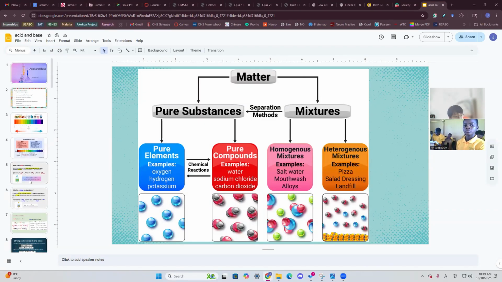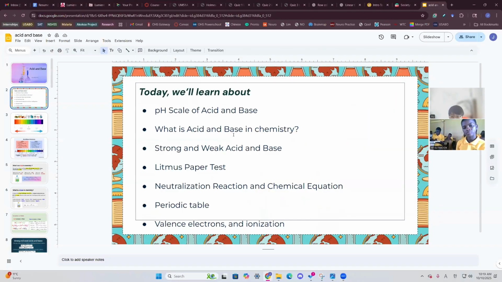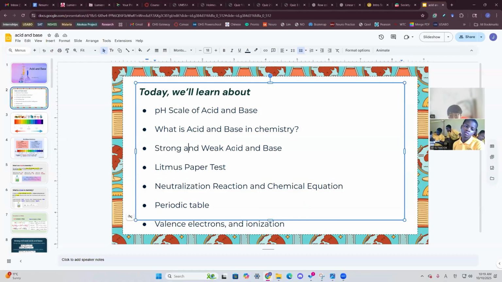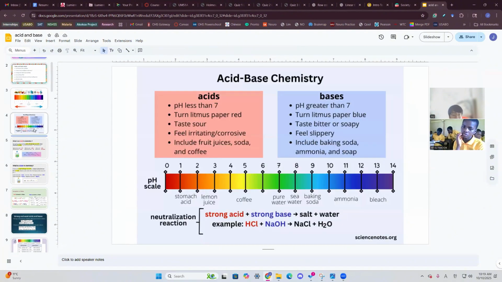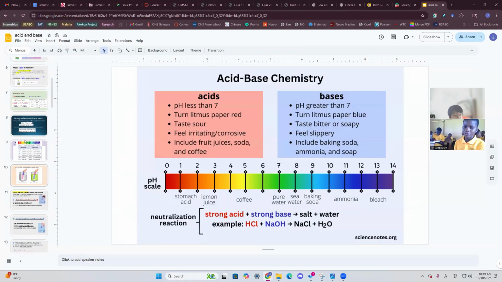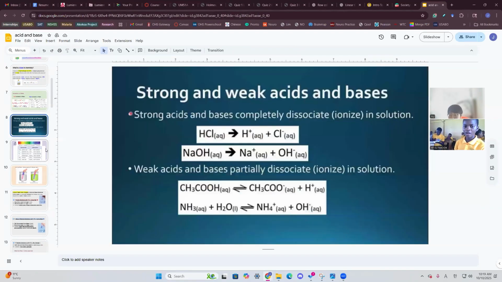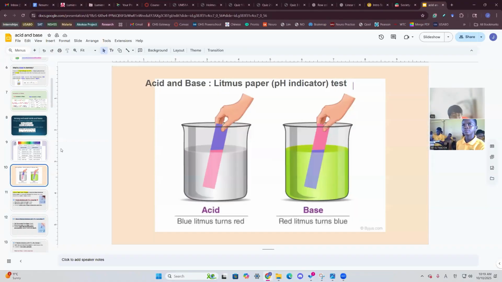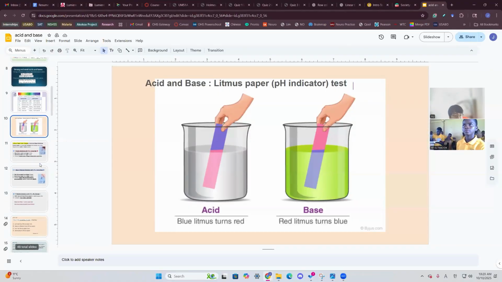So today we learned about acids and bases. We've talked about strong acids, weak acids, and bases. We talked about the litmus paper test. So first it was about acids, and then we talked about strong and weak acids, and then the litmus paper test.